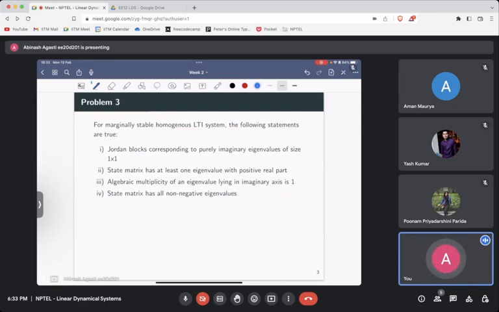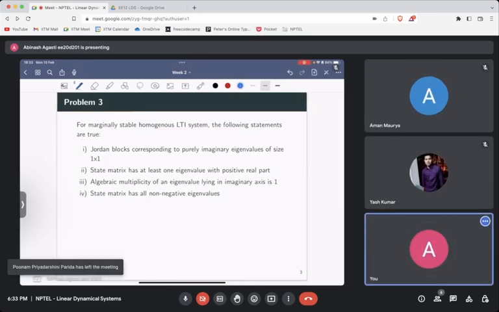So if you have an asymptotically stable system or an exponentially stable system, what that means is if you're given some input, then the system will make sure that the output goes to zero asymptotically or exponentially as per the definition. For the marginally stable case, it just has to ensure that it will stay constricted within some bounded neighborhood of the origin.